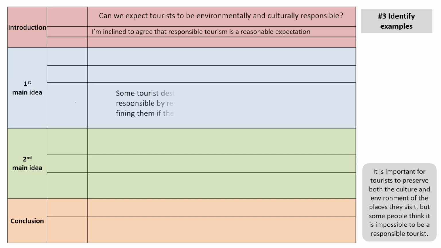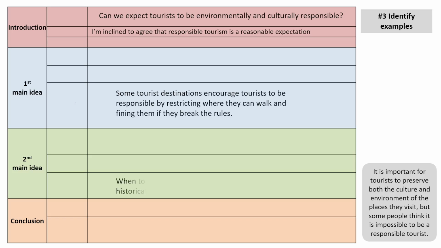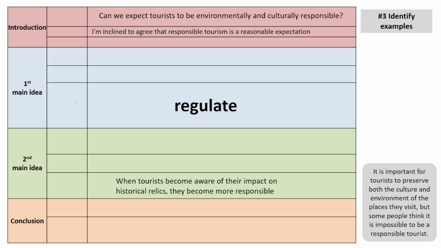I'll pop the first one down here as part of my first main idea. And then my second one can go down here as part of my second main idea. At a higher level, the topic of this first example is regulation, while the topic of this second example, at a higher level, is education.